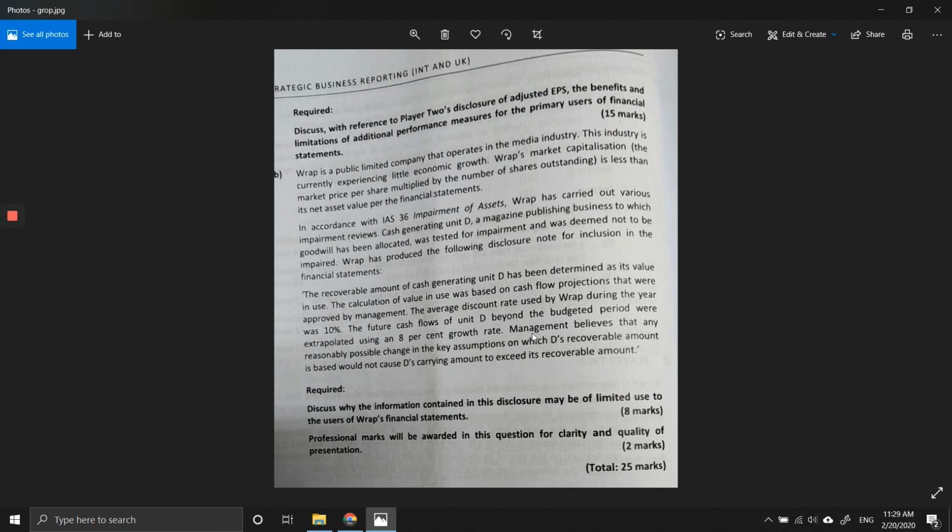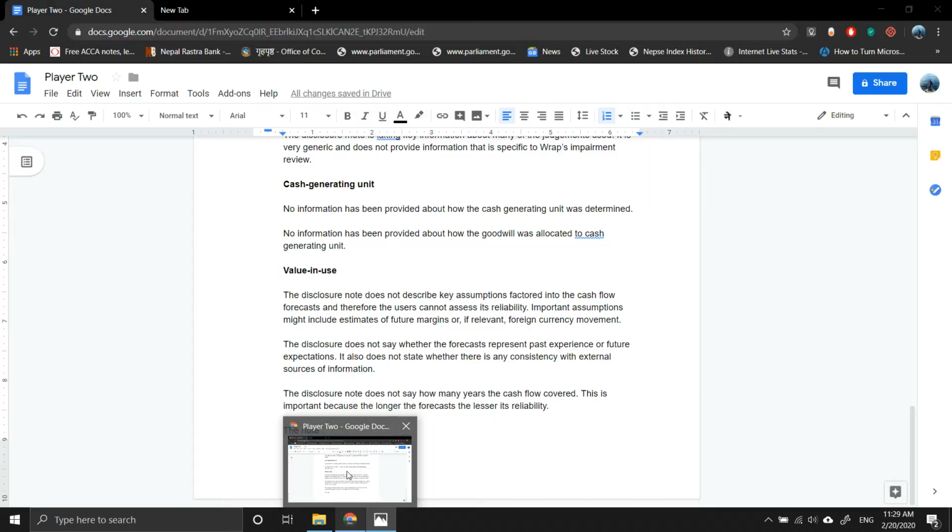And then after that, the budgeted period and how much was the extrapolated time, it also does not say, right?